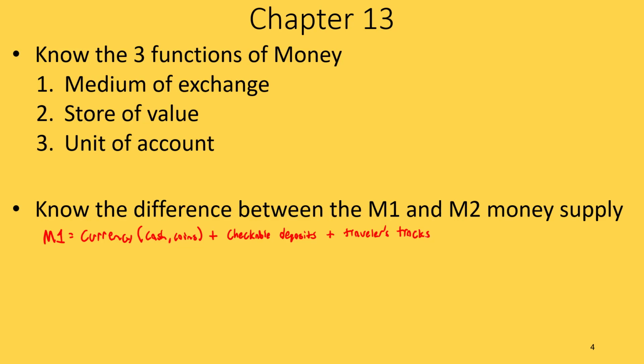Now, M2 is a much more broad definition of money, because it includes everything that is in M1 plus other things like what's in your savings account. So any interest-bearing savings deposits, plus what we call small denomination time deposits.